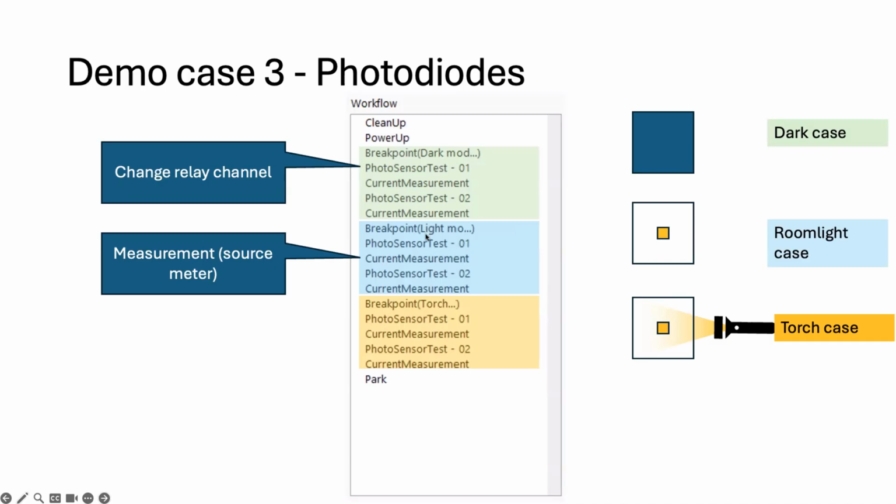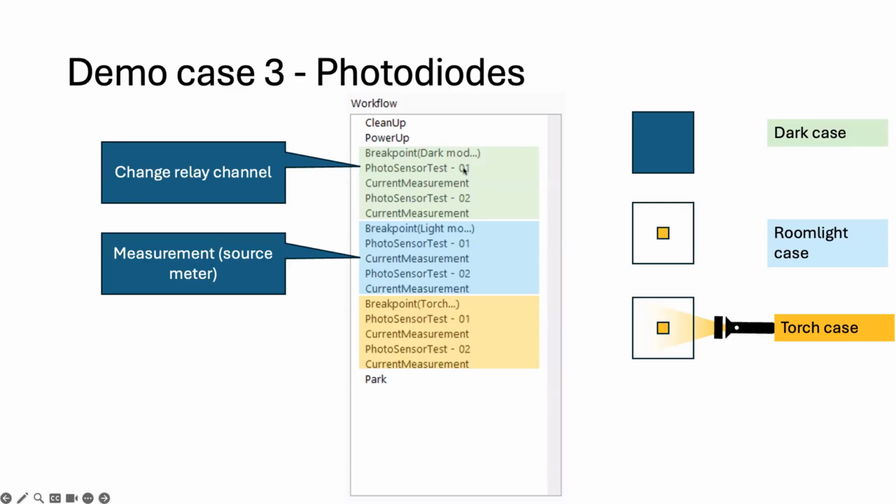The 3 measurement cases are divided by the 3 breakpoints, and here the user is prompted by a message: dark mode, so the user knows that the lid should be closed; light mode, the lid should be opened; torch, the torch should be turned on, and so on. So at those breakpoints, the operator has some time to prepare or modify the measurement setup.